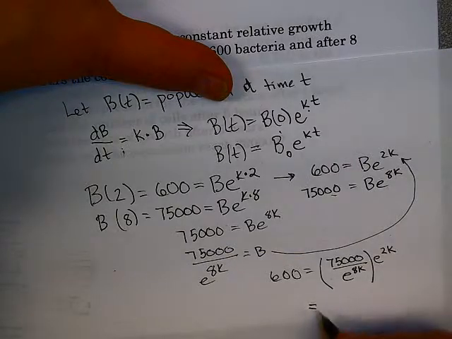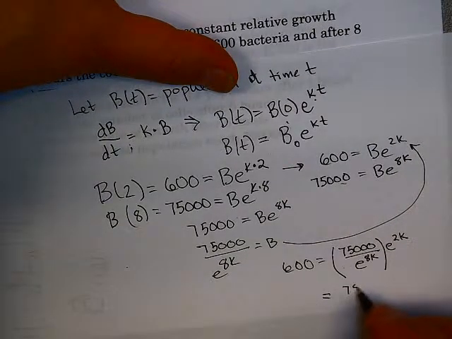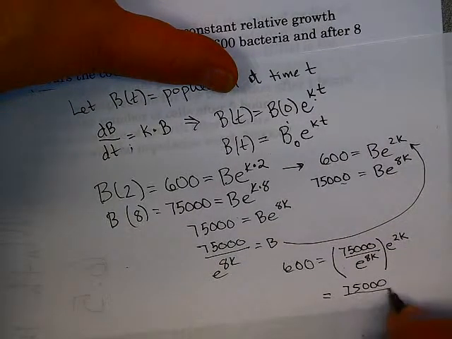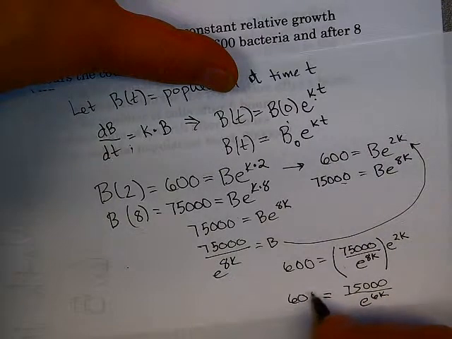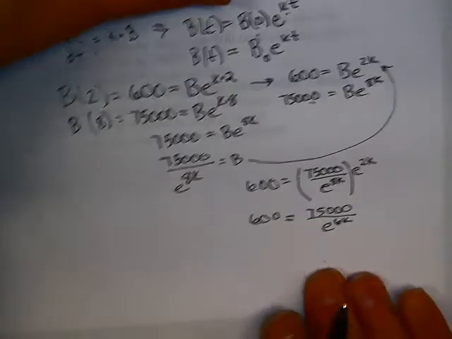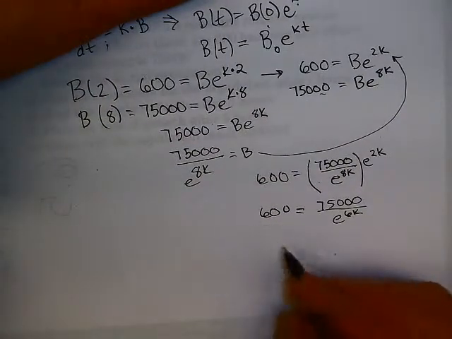That gives me 7,500 over e to the 6k. I'm just subtracting exponents there. You have to remember your law of exponents. I'm going to do a little cross multiplication here.